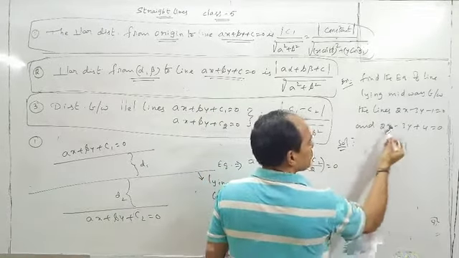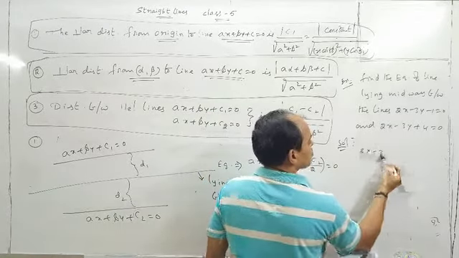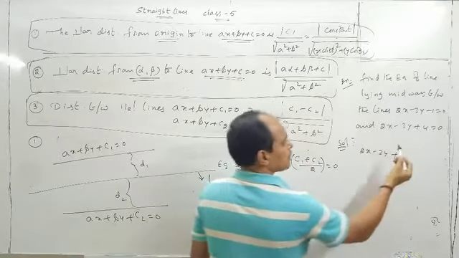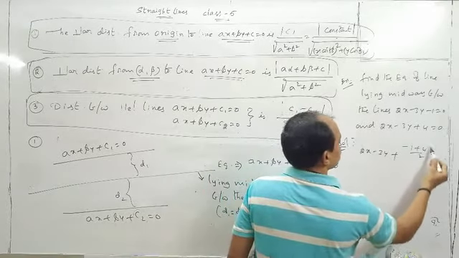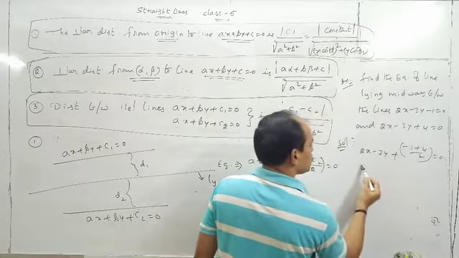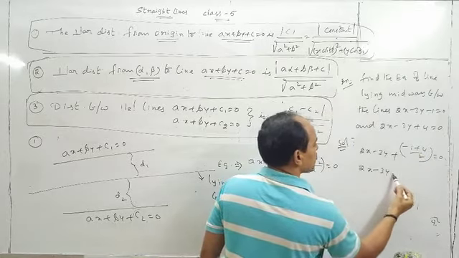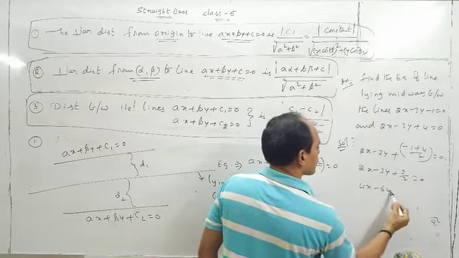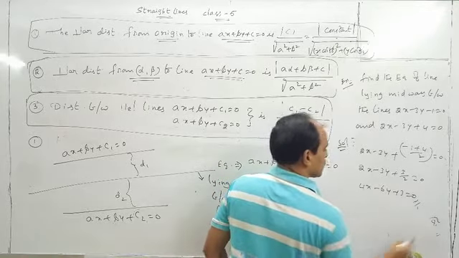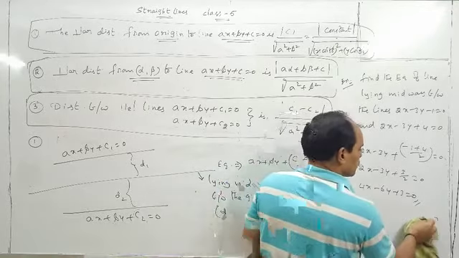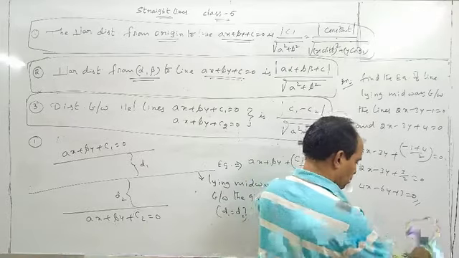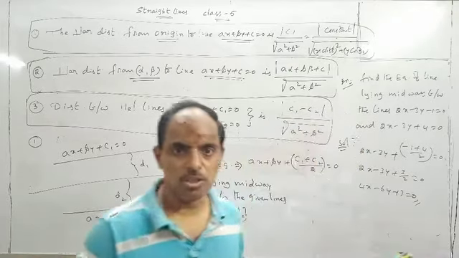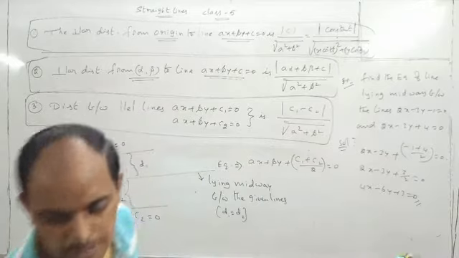The answer is 2x minus 3y plus c1 plus c2 by 2 is equal to 0. 2x minus 3y plus 3 by 2 is equal to 4x minus 6y plus 3 is equal to 0. This is the formula. Take a screenshot of this one.